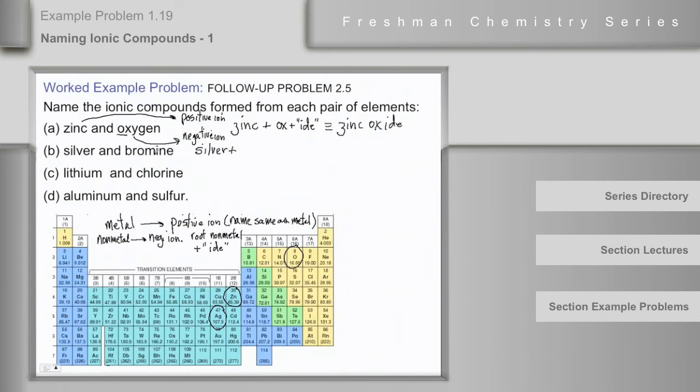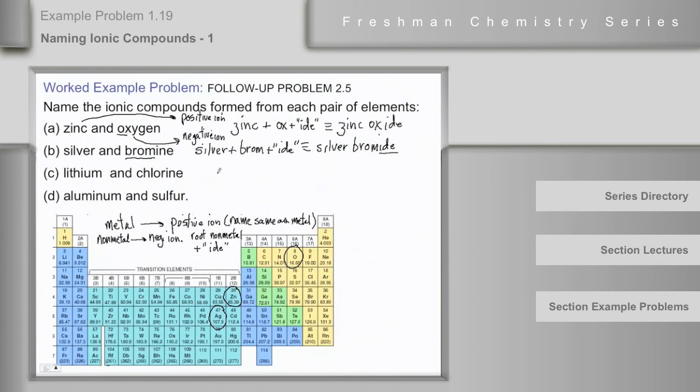Bromine produces the negative ion. The root name for bromine is brom. It's the root plus -ide. So the name will be simply silver bromide. The -ide ending indicates that this is referring to the negative ion.